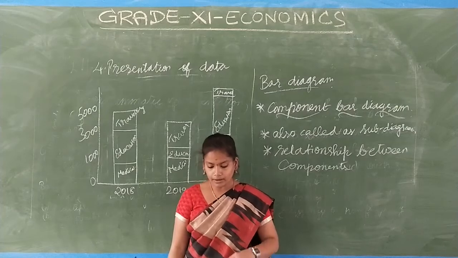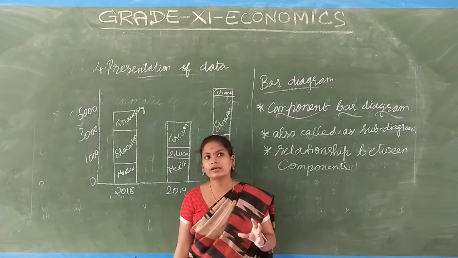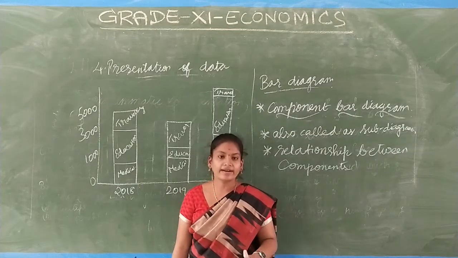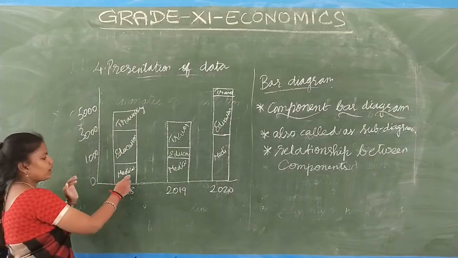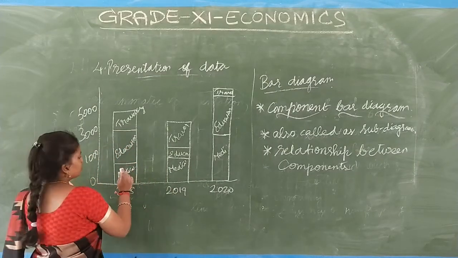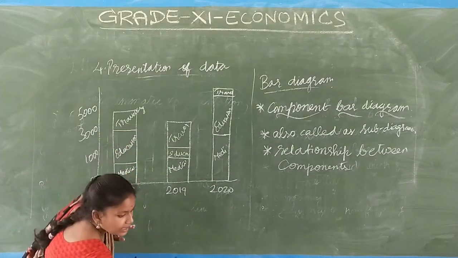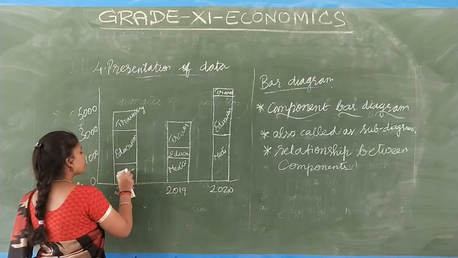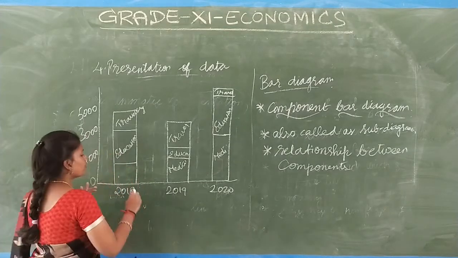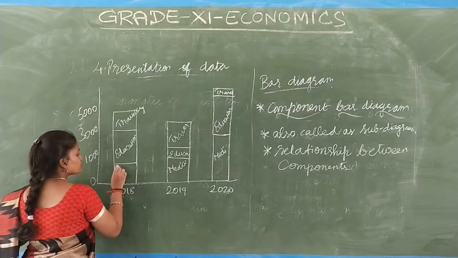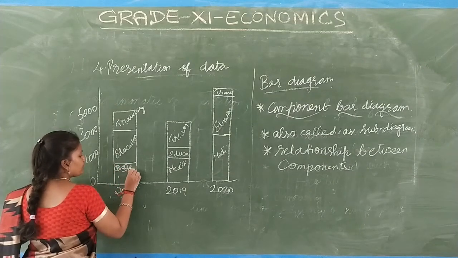Component bar diagrams are usually colored or shaded suitably. If you have seen, they are given a note. I have just written medical. Instead of just writing medical, I can use some symbol or I can color it or I can shade it. For example, for medical I am going to use a plus symbol.